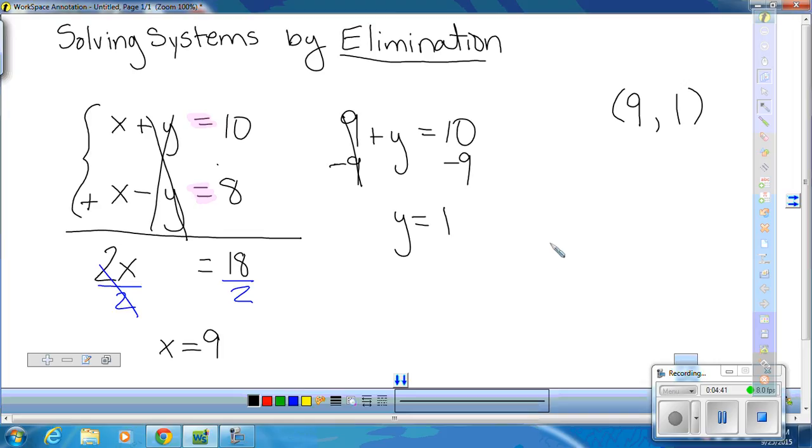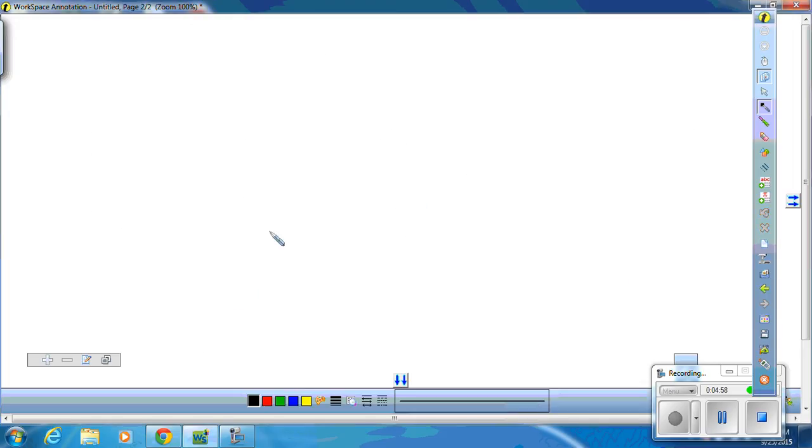So the idea here is that you want to add the two equations so that one of the variables is going to disappear. Now, in this case, the equation was already set up so that the y's were opposite of each other. Obviously, that doesn't always work out that way.